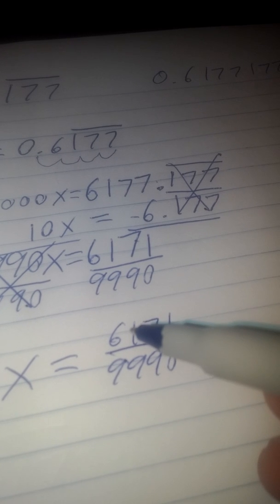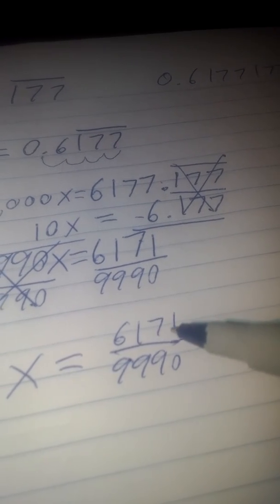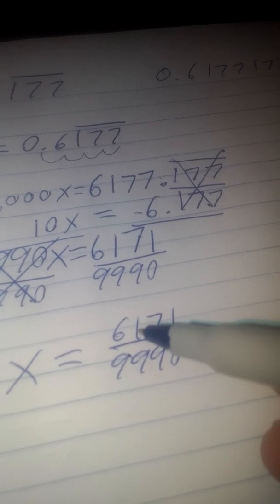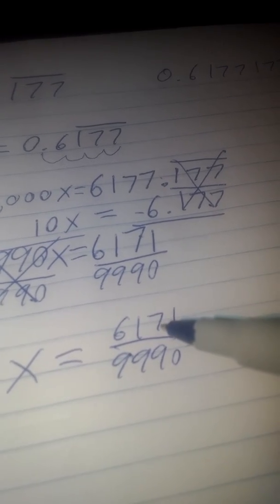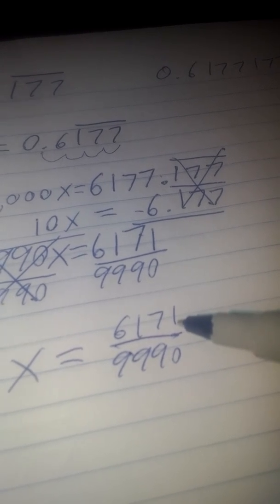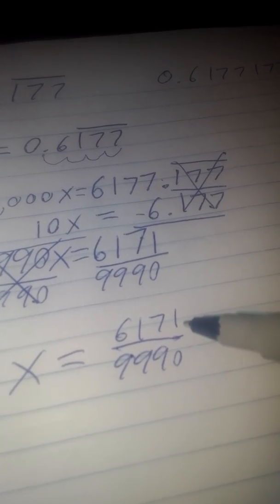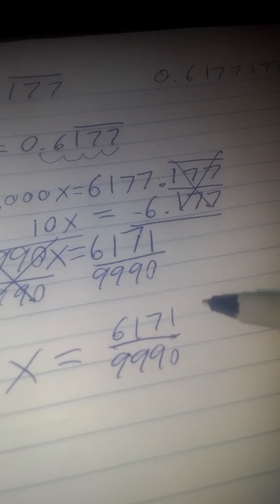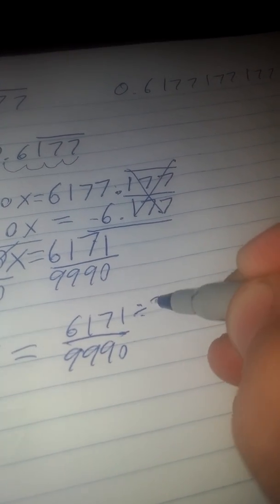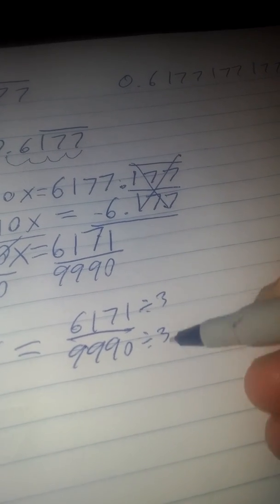Once again, to figure out if a number is divisible by 3 or 9, you add the digits together. 6 plus 1 is 7, plus another 7 is 14, plus 1 is 15. 15 is divisible by 3, but not by 9. So 6,171 is divisible by 3. So we will factor out 3 from the top and bottom.